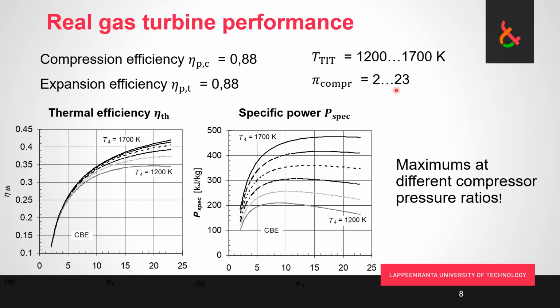So we have thermal efficiency and specific power on left and right, and as we increase the pressure ratio, our thermal efficiency goes up to a point, not infinitely as it happened with the Brayton cycle.